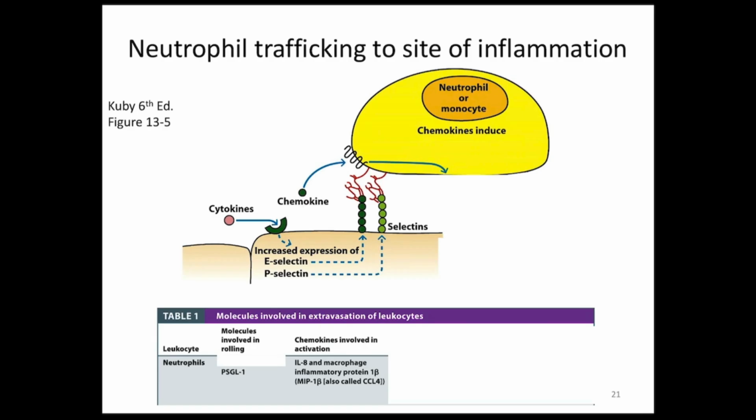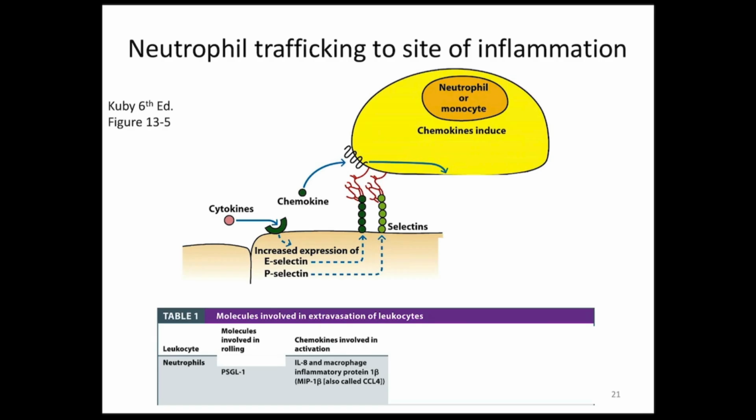And the neutrophil will have the IL-8 receptor binding to IL-8. Neutrophils are always going to have the IL-8 receptor because neutrophils always want to go to an inflamed site, while normal tissues do not make IL-8.